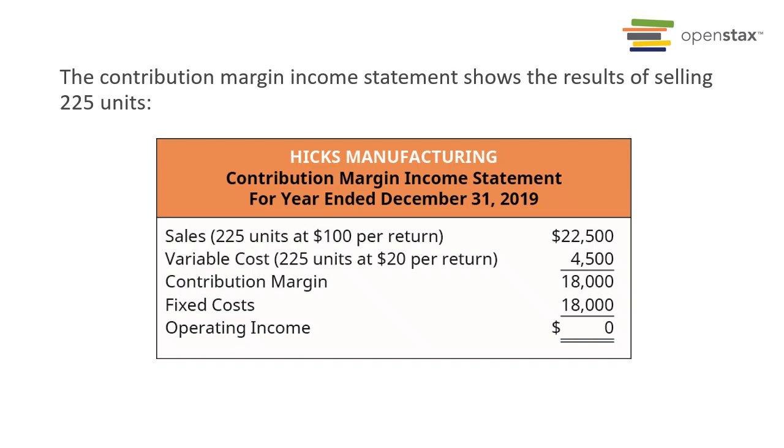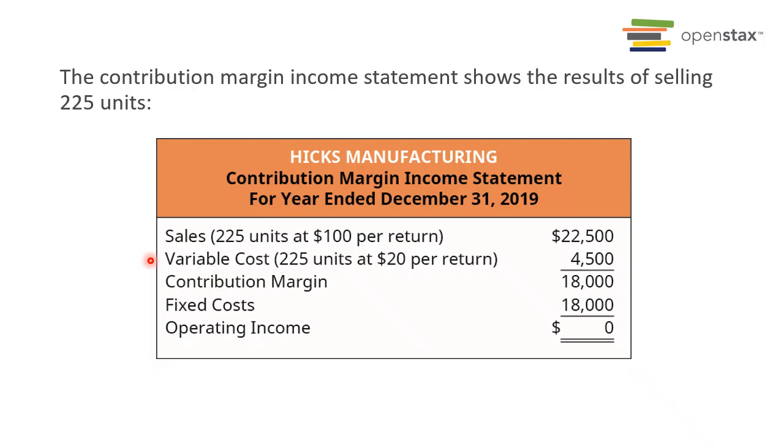And here's that information on our contribution margin income statement showing how they would break even. We start with their sales, 225 units at $100 per unit, $22,500.